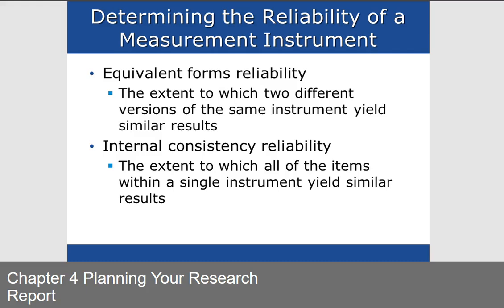One, for example, is called a split half procedure, where you take half of your data, half of your scale, and we just take the score for half of the scale and then the second half of the scale, and we correlate it, and theoretically those two should be consistent with each other, that we're measuring the same thing in the first half of the scale as we are in the second half of the scale. And that just gives us the indication of how reliable our items are with each other.